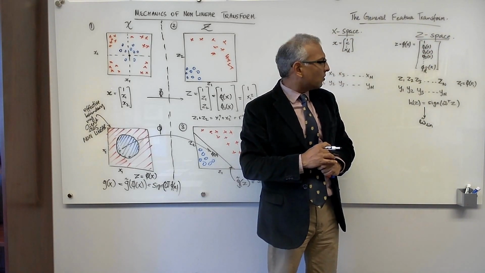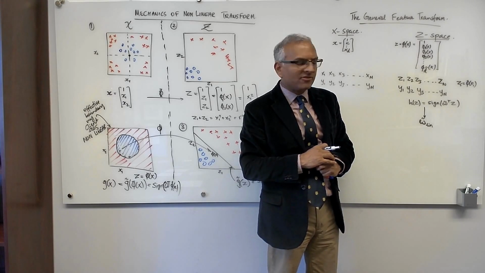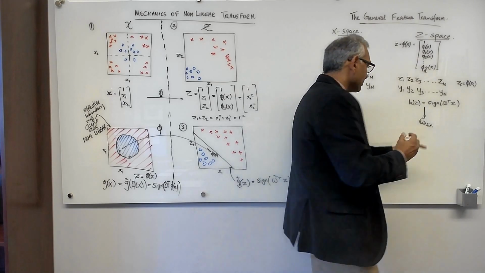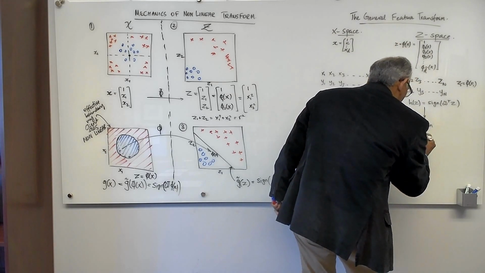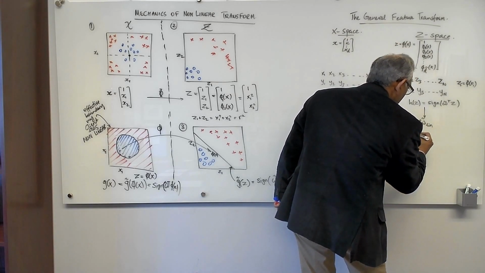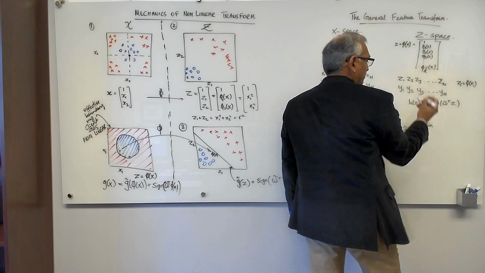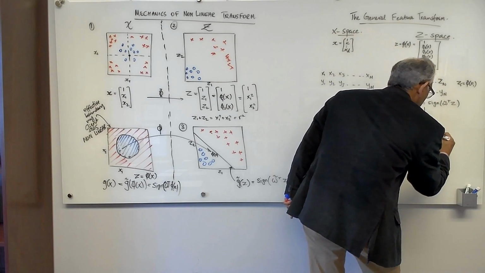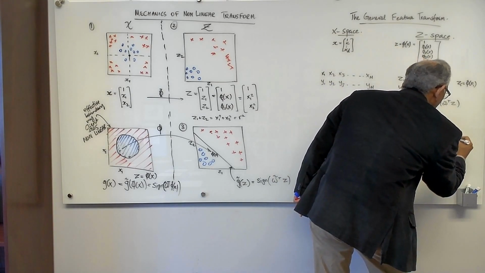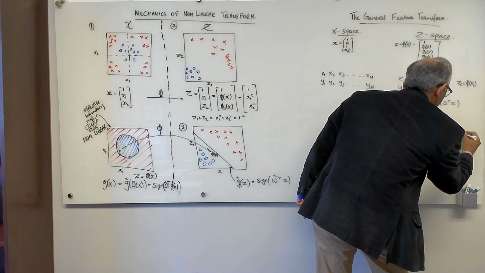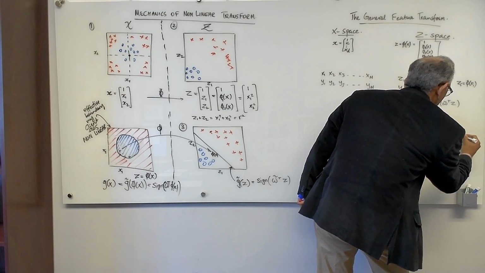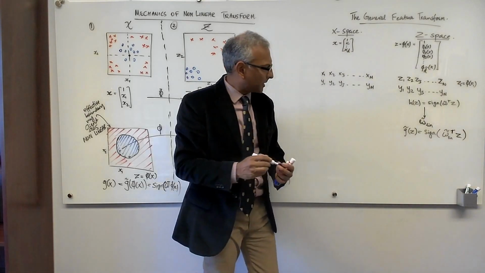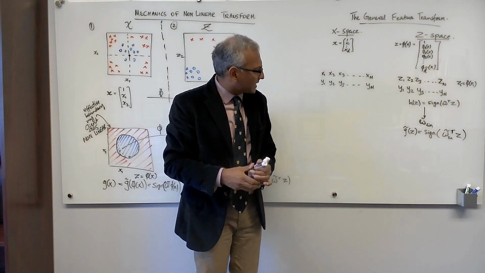And so my final classifier, my final hypothesis in my Z space is G tilde of Z. G tilde, because it's in my Z space, is equal to sine of W lin tilde transpose Z. Now let's see what's going on in the X space.